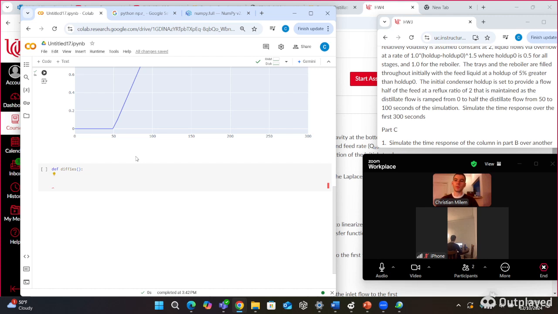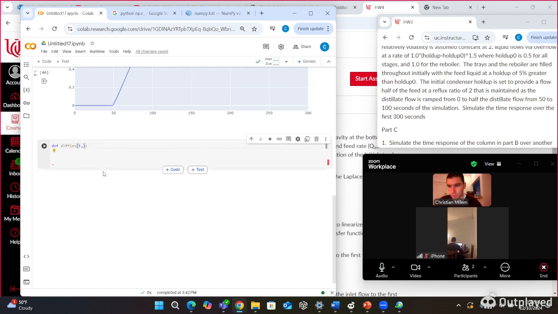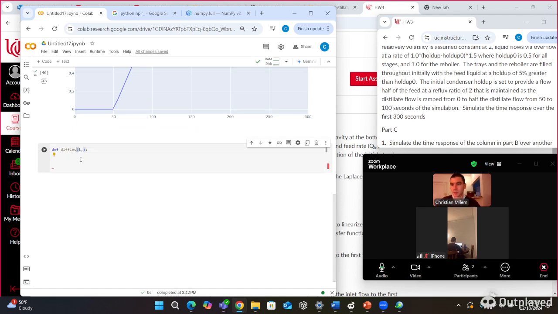Okay, so let's go back to what our differential function is going to be. We'll need time, because this is process dynamics and everything changes with time.